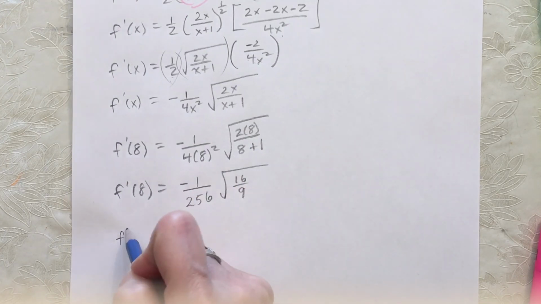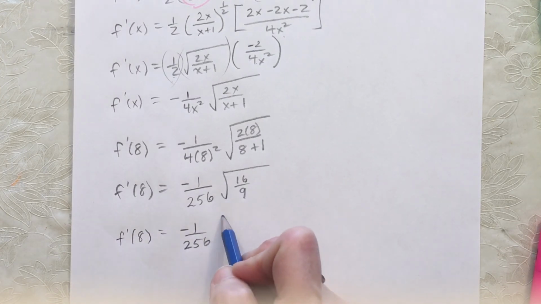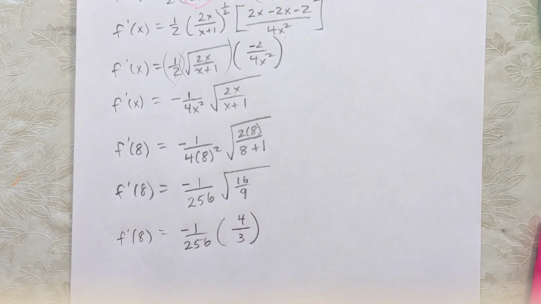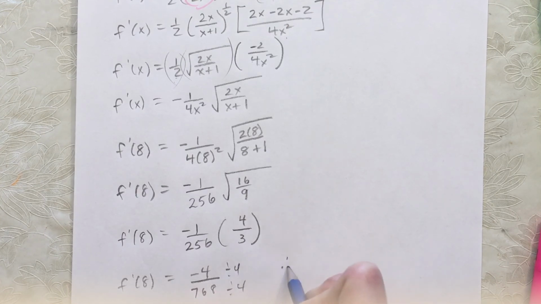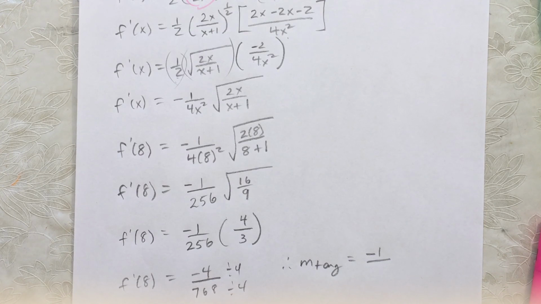So f prime at 8 is going to be negative 1 over 256 times, so the square root of 16 is 4 and the square root of 9 is 3. So that's going to be negative 4 over 768, but I know top and bottom are divisible by 4. So therefore the slope of the tangent is going to be negative 1 over 192.